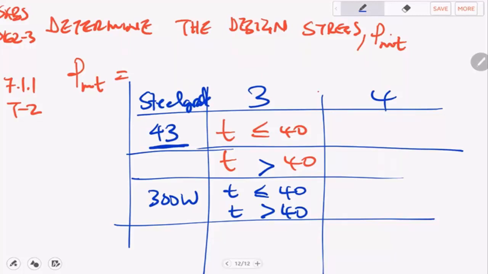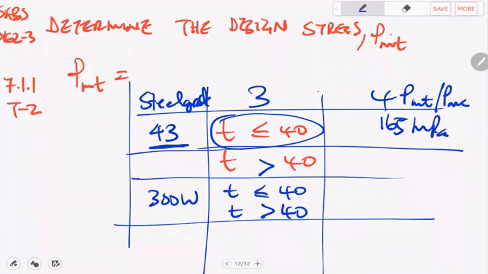Most of them have a thickness less than 40, so we're going to use the option T less than or equal to 40. For grade 43, rope sections and compound members consisting of rope sections, the maximum allowable bending stress, PMT or PMC, will be equal to 165 megapascals.